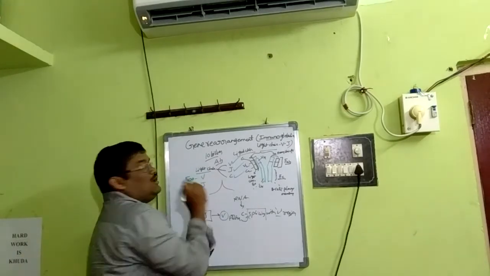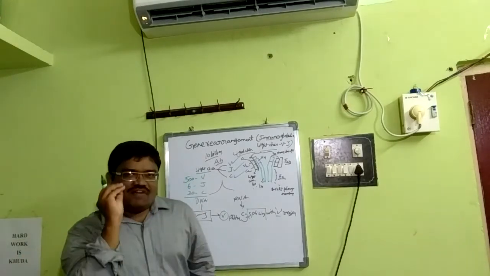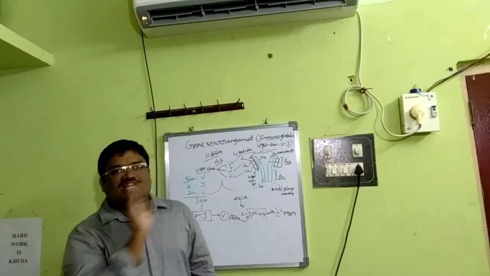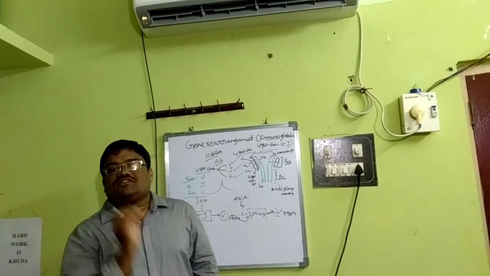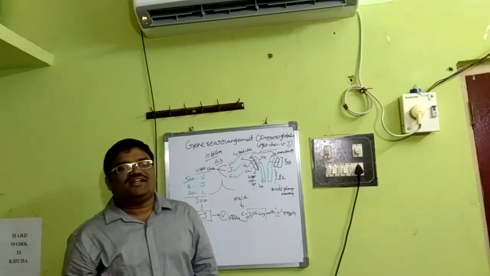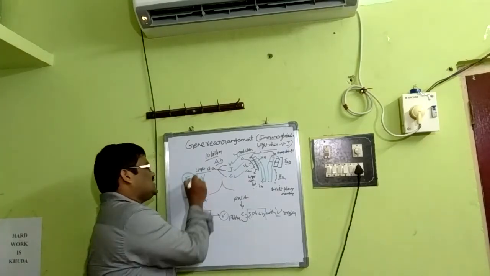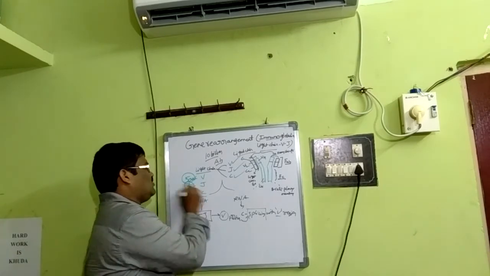That means 500 segments of variable genes with respect to the light chain, 6 segments of joining and 20 segments of constant. This is very important: 500 for variable, 6 for joining and 20 for constant.